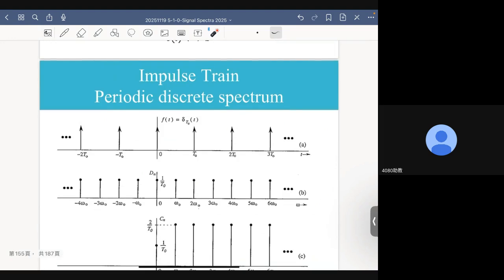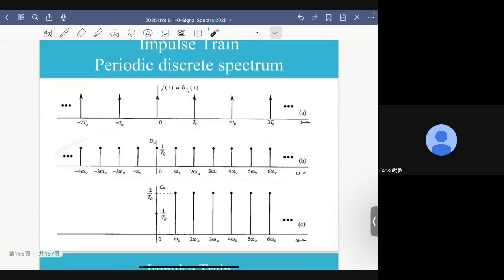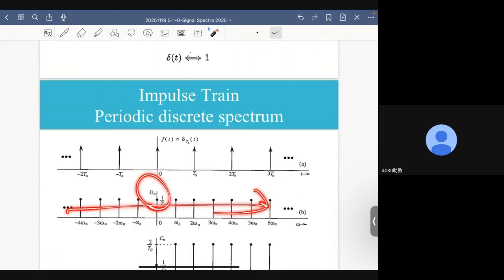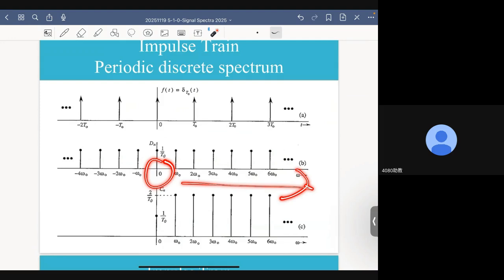Now, here, what I have is an impulse stream. I can take the Laplace transform of the impulse stream, and what I will get is this. Similar to this, I have a delta everywhere from 0 all the way up to infinitely large.